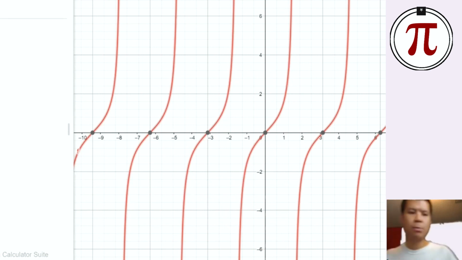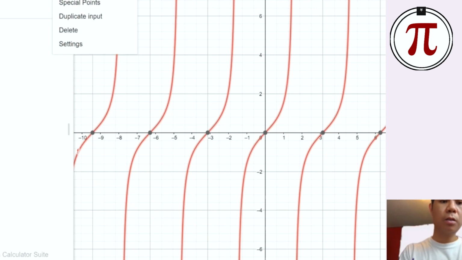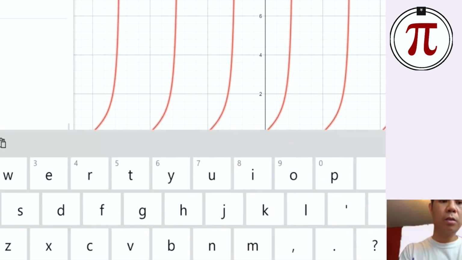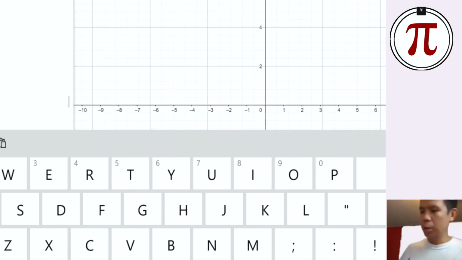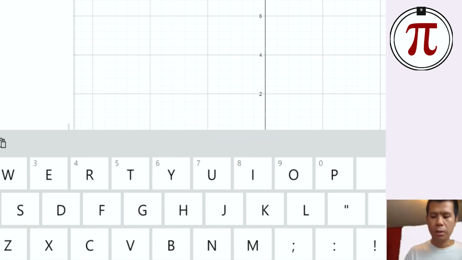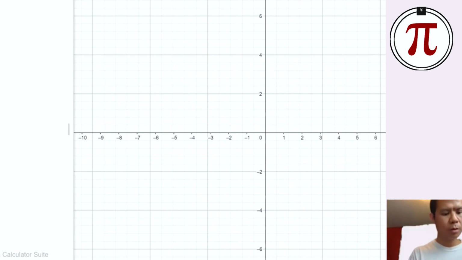All right, let's type the function here. It is -2 tangent of pi times x plus pi, minus 1.